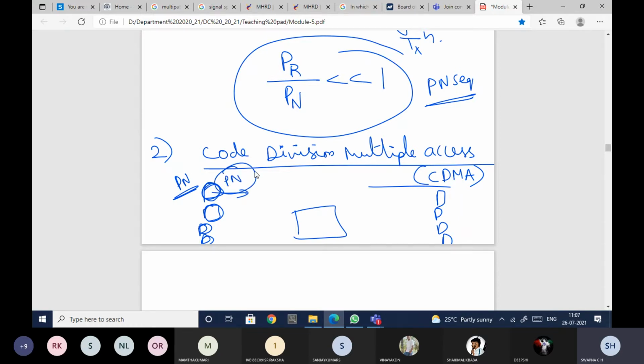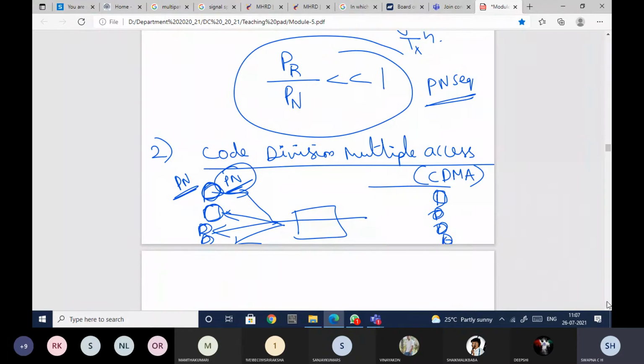Only if this information is available at the receiver will it be able to get back the original signal. So the receiver with that PN sequence will only be able to get back the original signal. Since different PN sequences are used, even though you are transmitting through the same channel, the received signal can be obtained easily. So that is the CDMA technique.